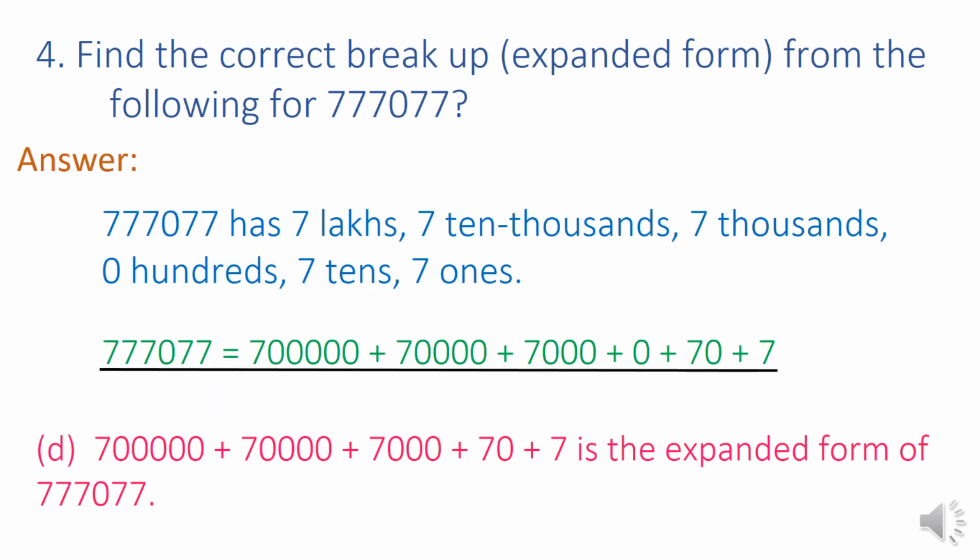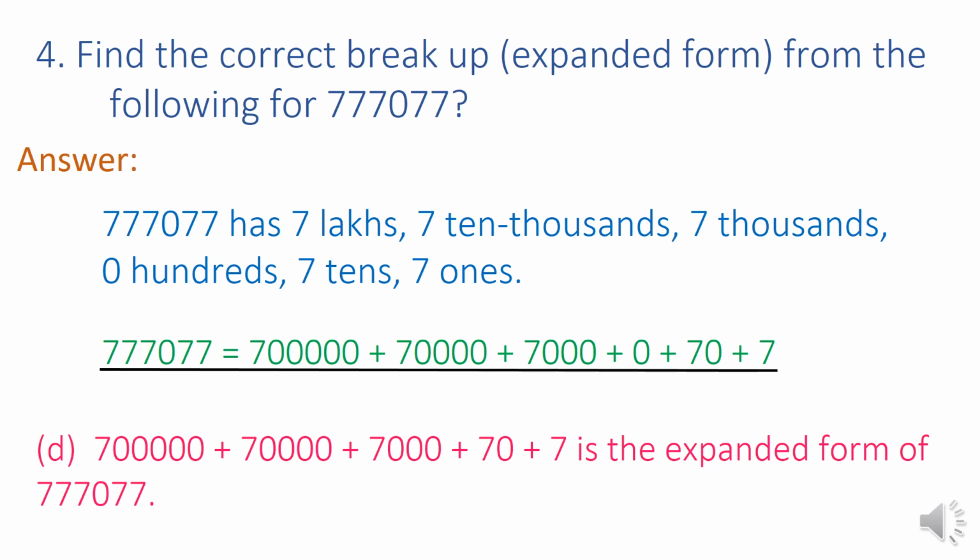Our number is 7,77,077. This number has 7 lakhs, 7 10,000s, 7 thousands, 0 hundreds, 7 tens, and 7 ones.